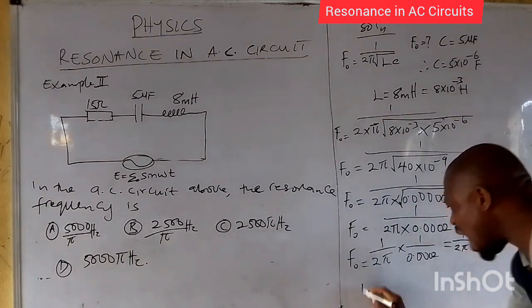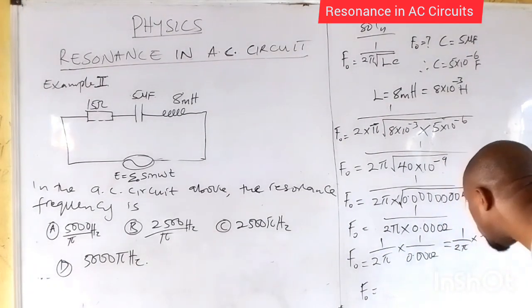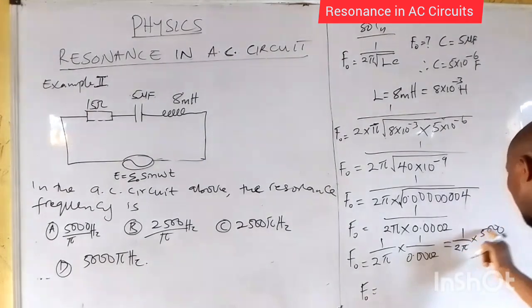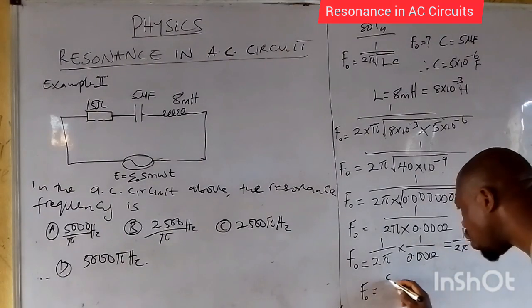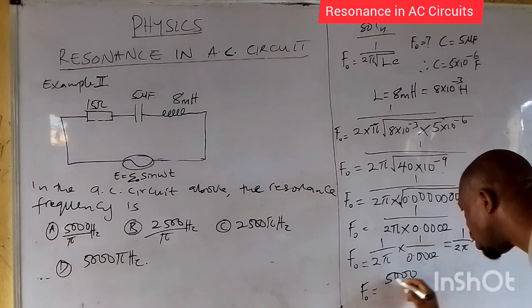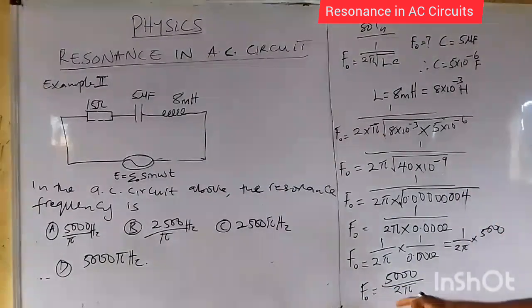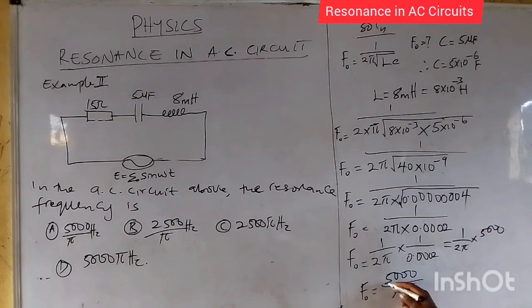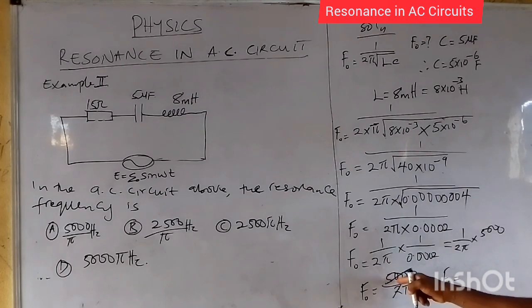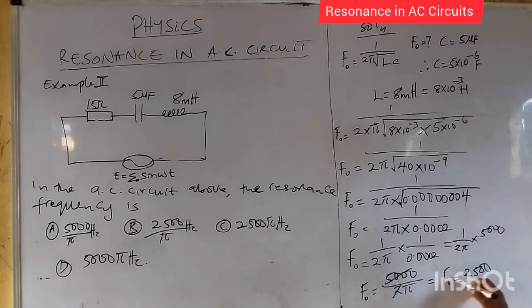So F naught will give us 1 times 5,000, which will give us 5,000 all over 2 pi. And of course, at this point, 2 can divide here to give us that F naught is equal to 5,000 divided by 2, which gives us 2,500 all over pi henrys.